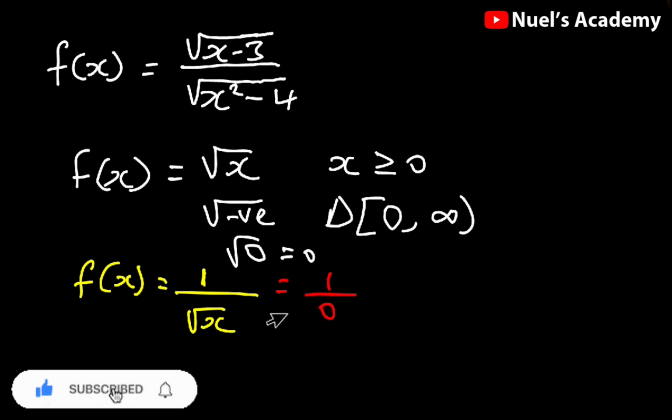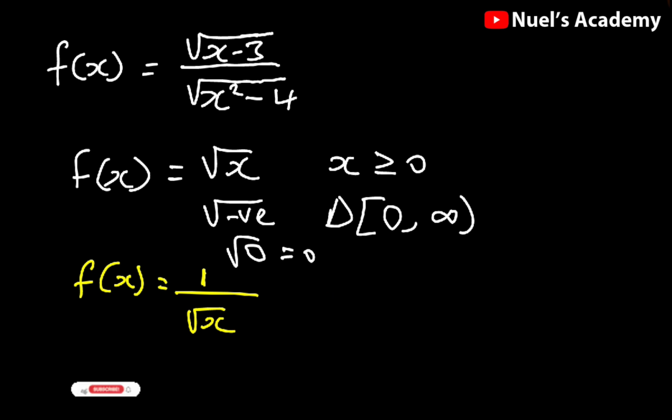Alright, the domain that we're looking for are the values of x that will make that function defined. So any number that will make a function undefined is not going to be part of the domain of that function. And in this case, if x is equal to 0, the square root of x will be 0, and 1 over 0 is undefined. So that's why we can't set the denominator to be greater than or equal to 0.